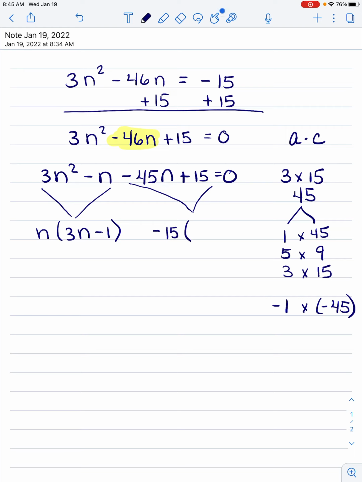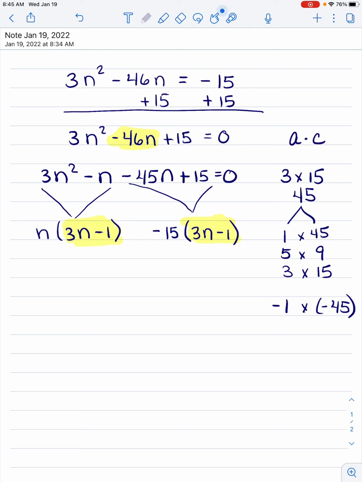times 3n minus 1. And the reason now you can see is, the reason I pulled out the negative 15 is that I want to be able to have one factor in common here. So if you see, when I factored these terms, I have 3n minus 1 here, and I have 3n minus 1 here.